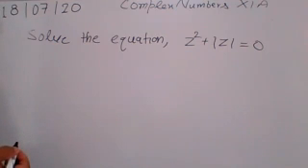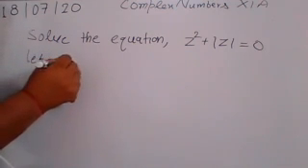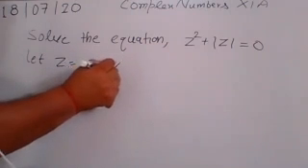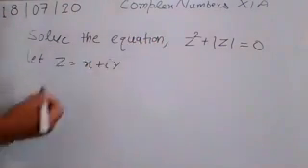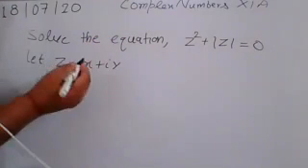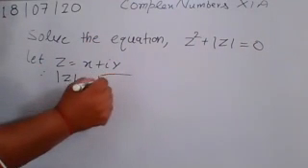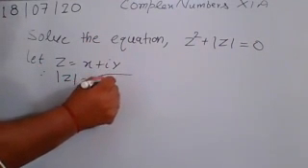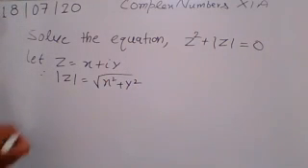So again, here you assume z is equal to x plus iy. So you have the value of z, and the value of mod of z can be written as under root x square plus y square.